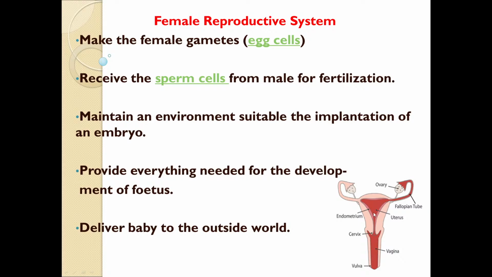And that environment or condition should have a rich supply of blood. The reason why the uterus should have a rich supply of blood is simply because the only way the developing fetus or the developing baby can get all of the nutrients that it needs to mature enough so that birth can be given is they will actually get it from the blood.